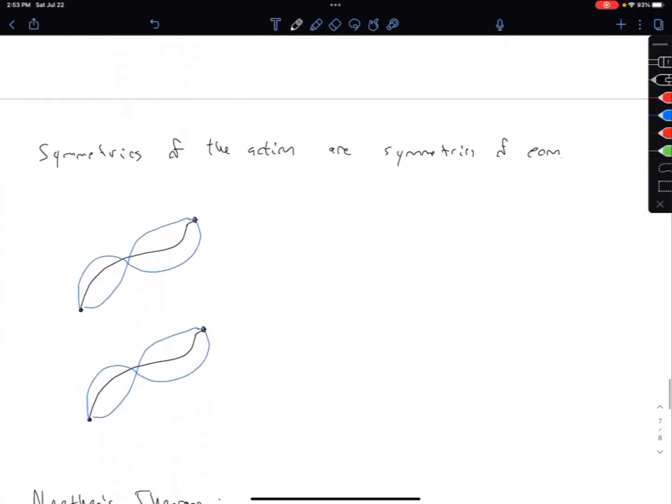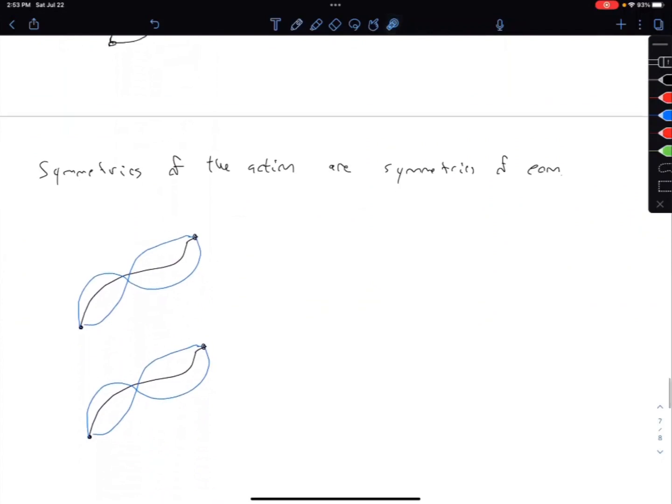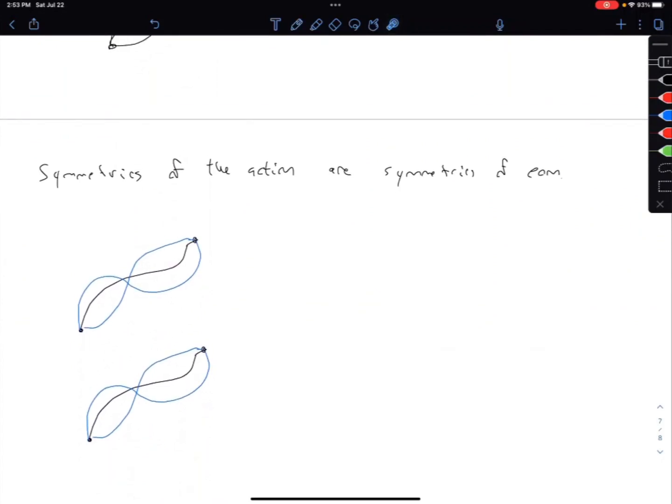Really, the reason to be suspicious that the converse is true is because a symmetry of the action is a much broader statement than the symmetries of the equations of motion. Because for symmetries of the equations of motion, the only paths that you care about are solutions. But for symmetries of the action, you can consider any trajectory. So that's why it seems suspicious that the converse is true as well.